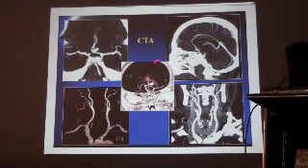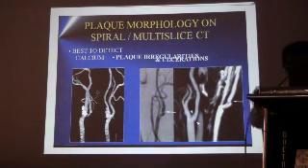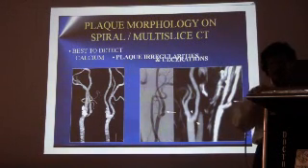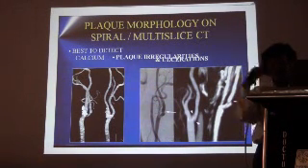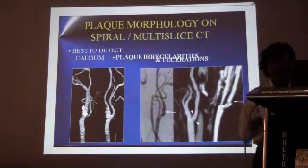These are the pictures of CT angio. Again, plaque morphology can be picked up. If it is a soft plaque, that is a more vulnerable plaque, and that can be picked up in CT angio. If it is a calcified plaque, that also can have calcium scoring, and we can see it, but in MR it is not possible.